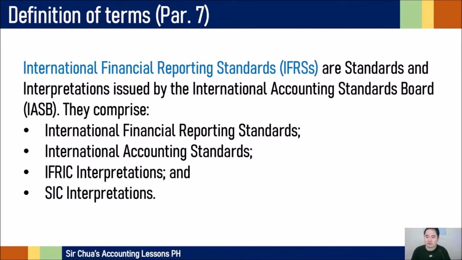And then we also have the International Accounting Standards from IAS 1, Presentation of Financial Statements, to IAS 41, Agriculture. Okay? And then we also have the interpretations from IFRIC, or the International Financial Reporting Interpretations Committee, and interpretations from SIC, or the Standard Interpretations Committee. Yan po ang laman nung sinasabi nating IFRS. So, pag sinabing IFRS, yan pong apat na yun yung laman. IFRS, IAS, IFRIC interpretation, SIC interpretation.